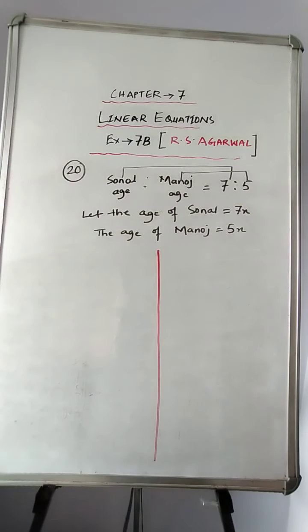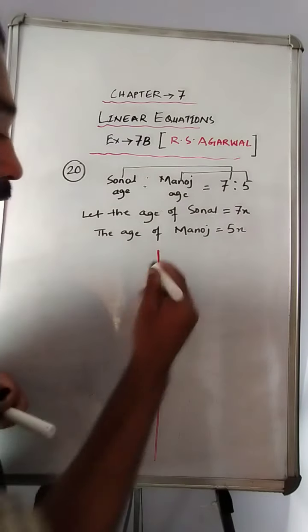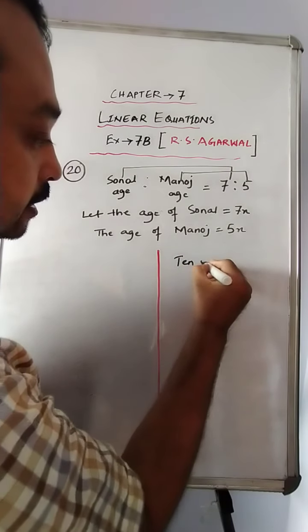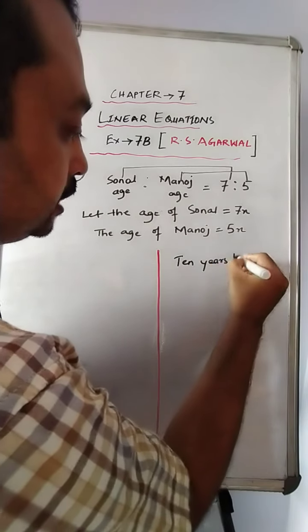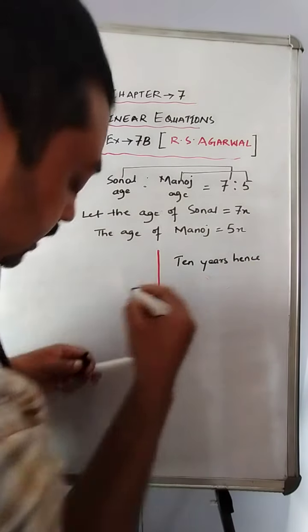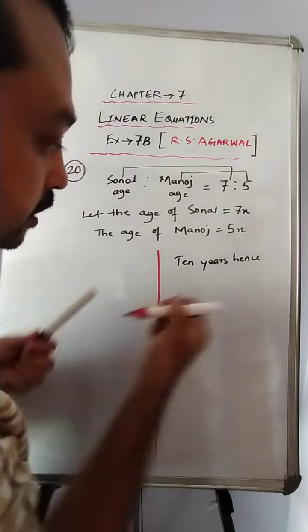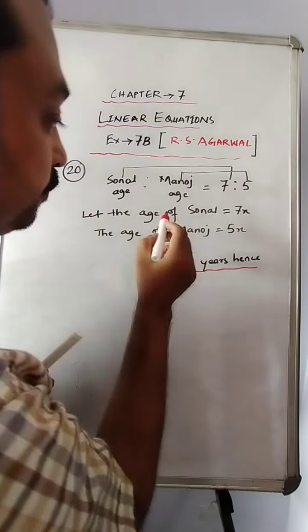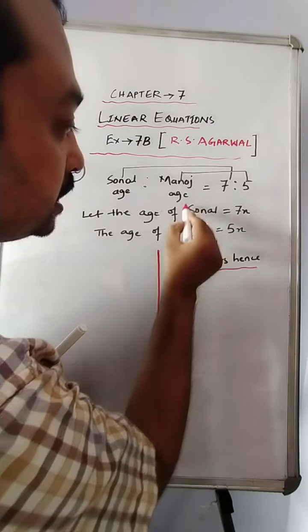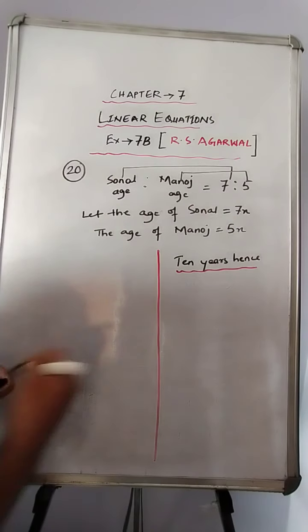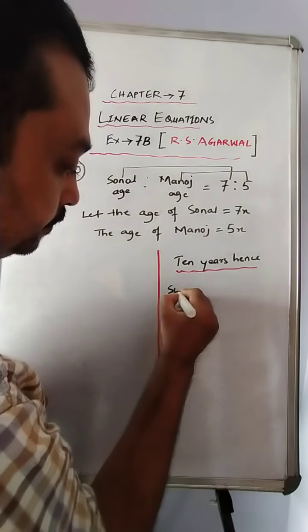Now, the next part of the question, 10 years hence. What is the meaning of 10 years hence? It means 10 years after. So if 7x is the present age of Sonal, what will be the age of Sonal after 10 years?